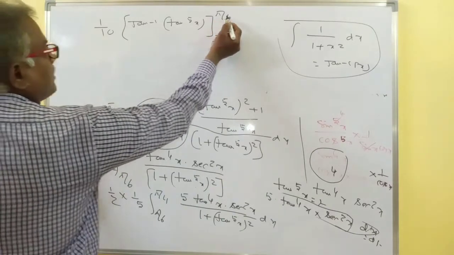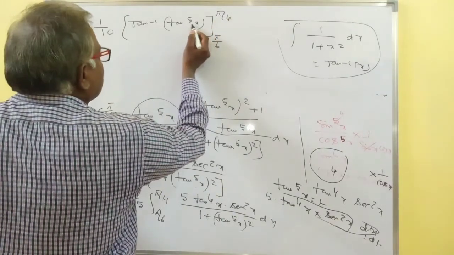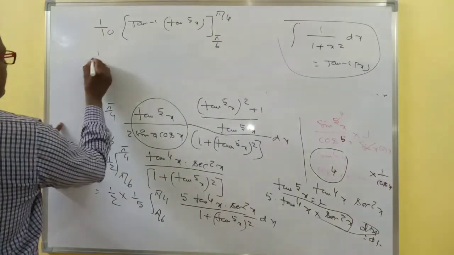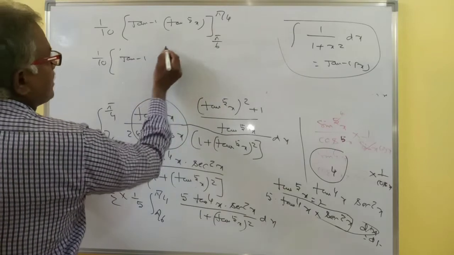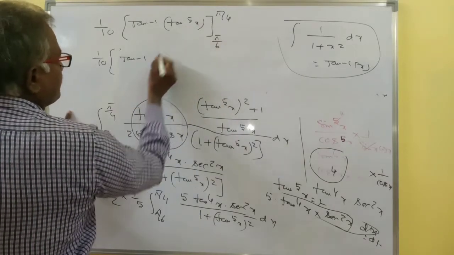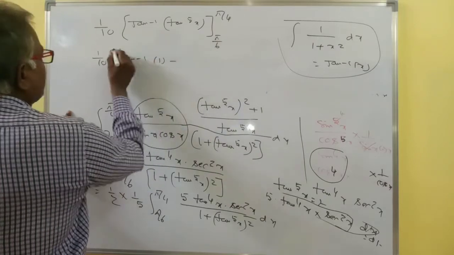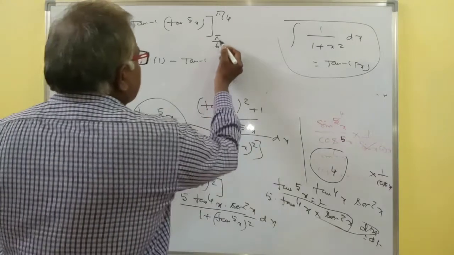Upper limit pi by 4 means 45. Tan 45 is 1, so tan inverse 1. So 1 by 10 into tan inverse of tan^5 (pi by 4), which is 1, minus the lower limit tan inverse of tan^5 30.